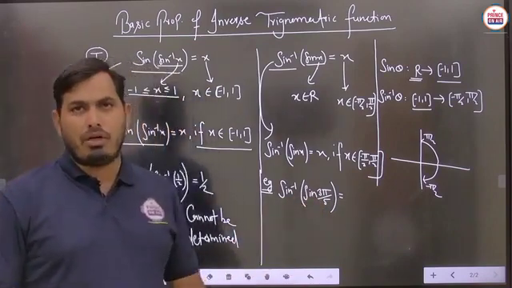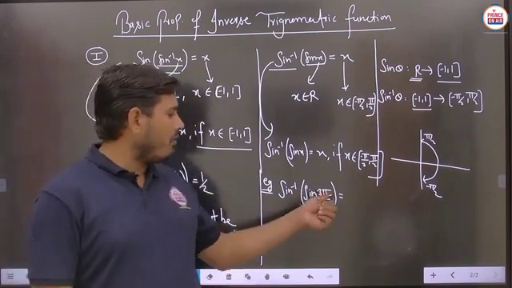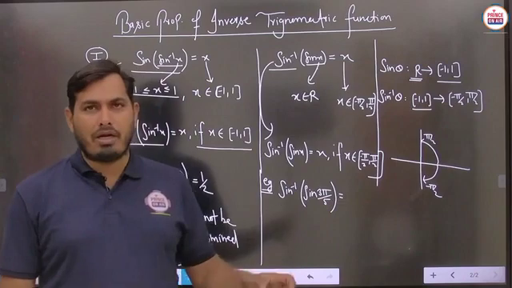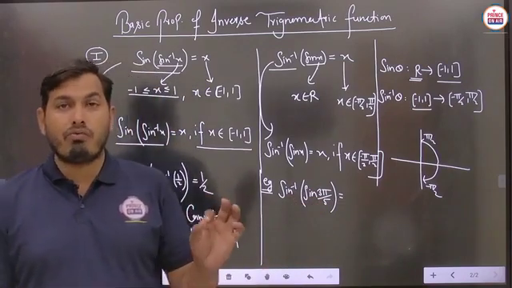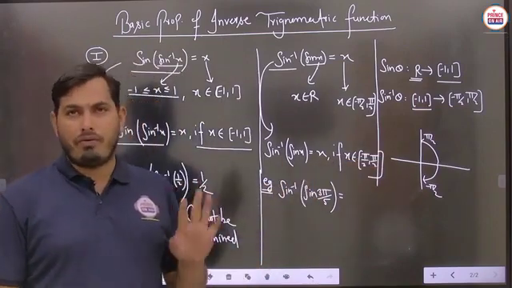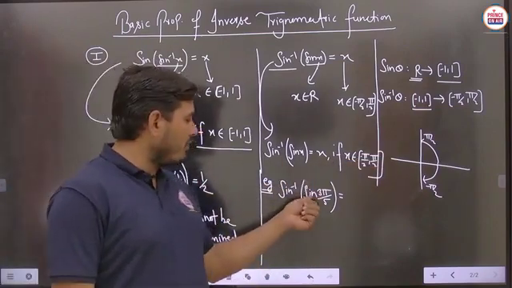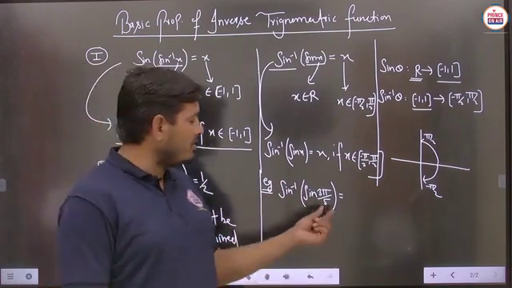So definitely student, pi in degrees is taken as 180 degrees. So 180 divided by 5 is 36, into 3 is 108 degrees. So if we convert this angle 3 pi by 5, then it will become 108. So 108 will lie in the second quadrant. So definitely this particular sine will not cancel out with this sine inverse, and we will not obtain the answer as 3 pi by 5.